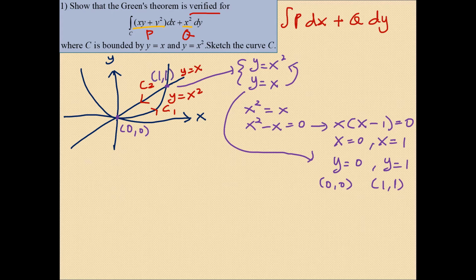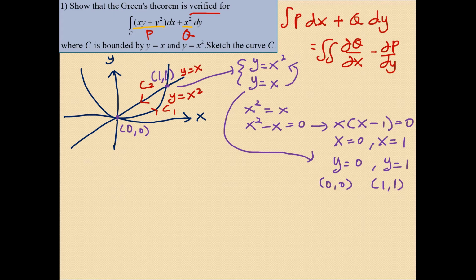Now clear, right? Now which part do we start with first? We already sketched it, now we're going to solve it. Maybe I start with the left hand side. Remember, the question asks you to show that Green's theorem is verified, so you have to show both sides. The line integral of P dx plus Q dy is equal to the double integral of del Q del x minus del P del y, dy dx or dx dy, depending on the condition.